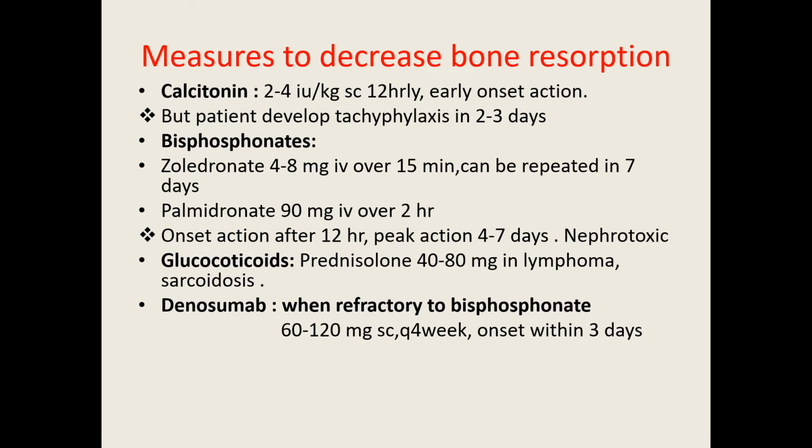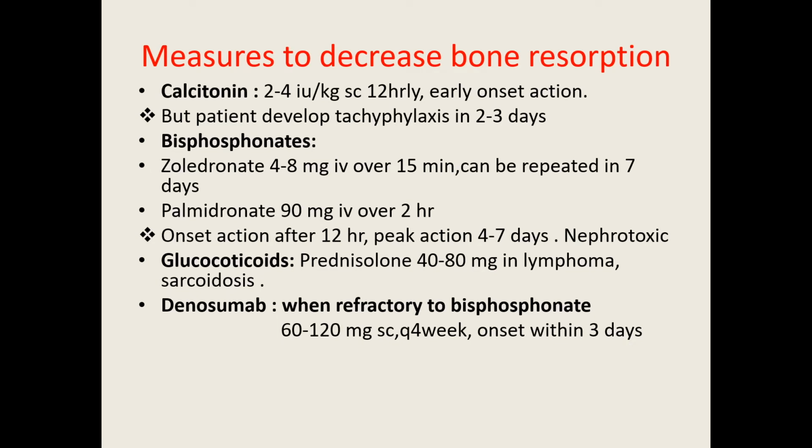So the correction will be later. So we must first give saline, hydrate and diurese the patient. Then we can use bisphosphonate, as the peak action will be late, but it has nephrotoxic properties.